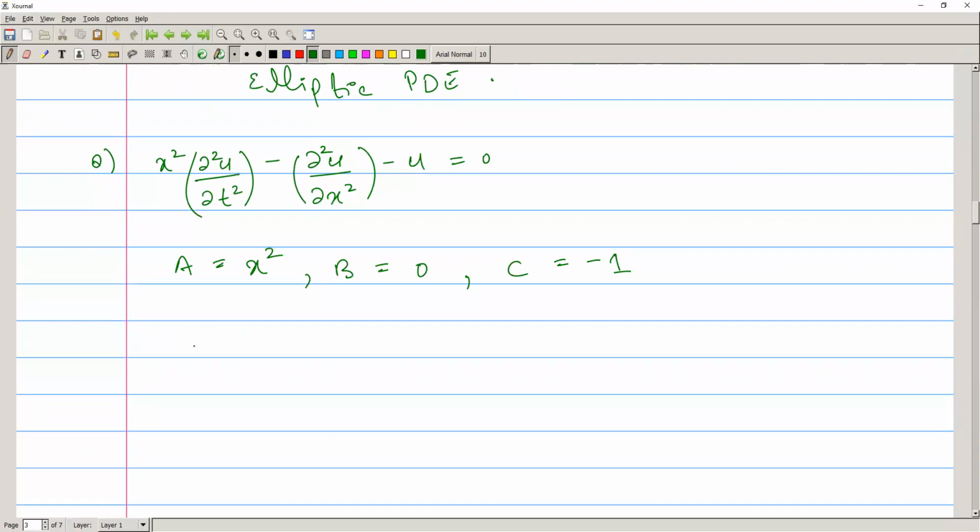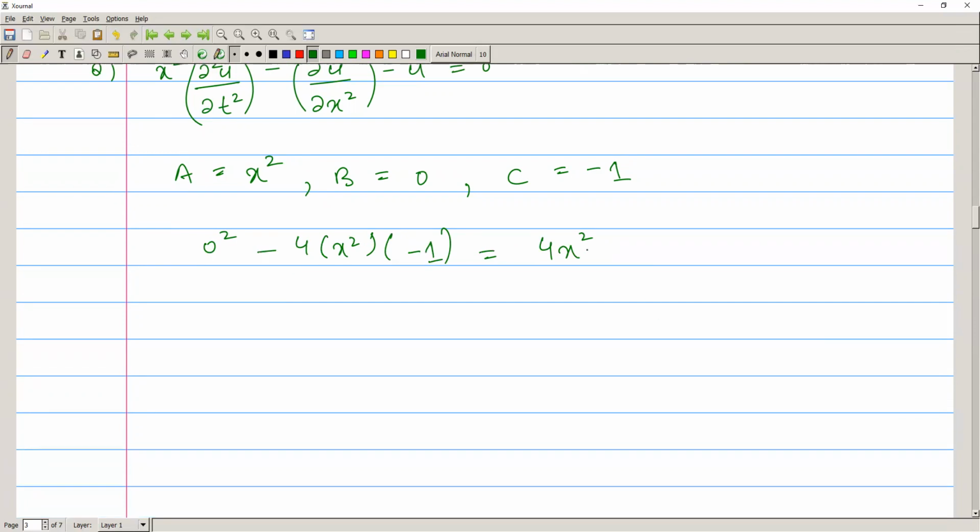So we can write B squared, that is 0 squared, minus 4 times A times C. So it will be equal to 4x squared, right? So what does it mean? It's 4x squared. This 4 is positive, and this x squared shows that this term will always be positive because of the square.